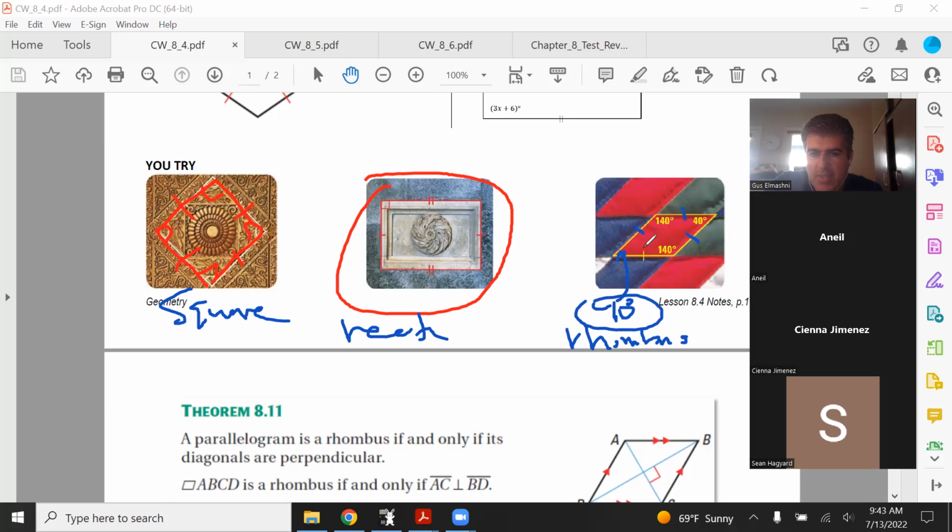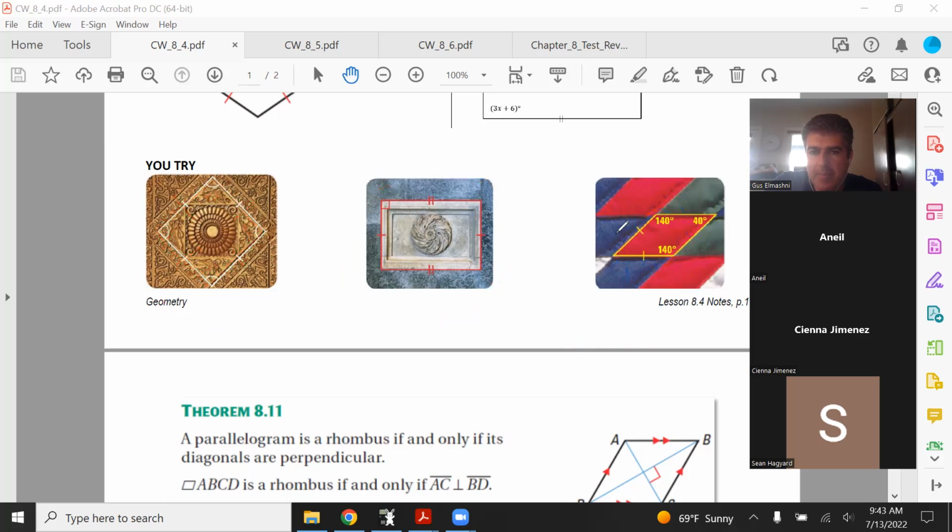But because you have the adjacent sides the same, we know it's going to be a parallelogram because these are the same. And then you have, that's 280. So it becomes 320. So this has to be 40. So because you have two pairs of opposite angles that are the same, it's going to be a parallelogram. And then because you have adjacent sides the same, and you have opposite sides the same, all four sides are the same. So therefore, it's a rhombus, right?